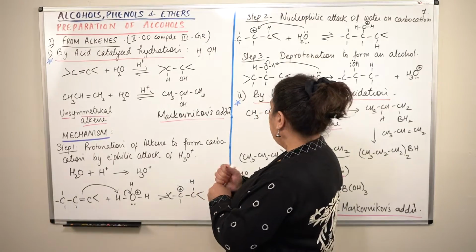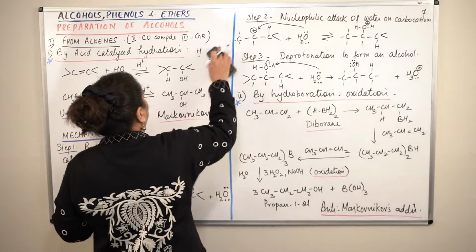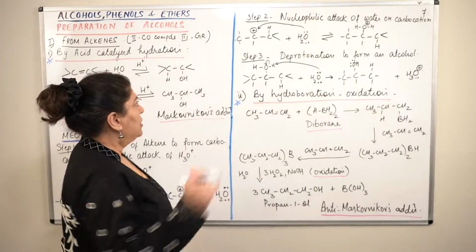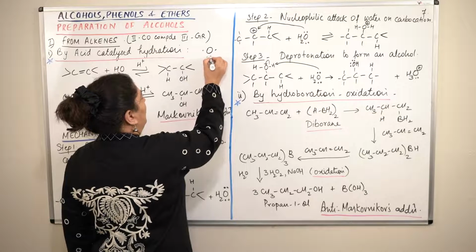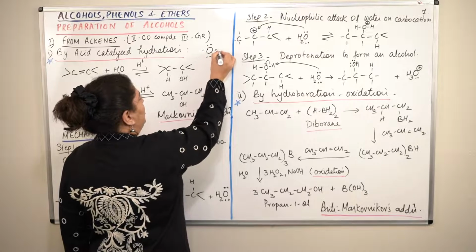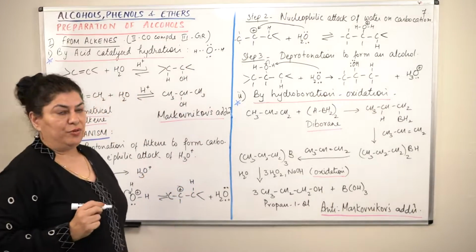Oxygen has 6 electrons, and let me just show it here: 1, 2, 3, 4, 5, 6, right? It uses 2 of these electrons to form covalent bonds with hydrogen.